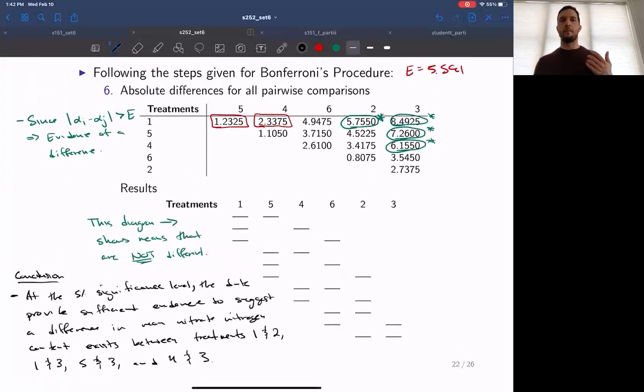Okay, so yes, please. Sorry, I think it's just maybe because I can't see the other slide, but where are the numbers from this table coming from? Oh, yeah, they're the absolute differences in the means.